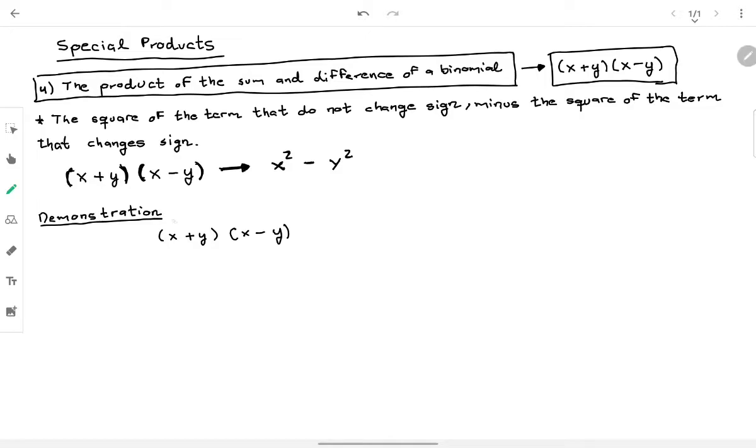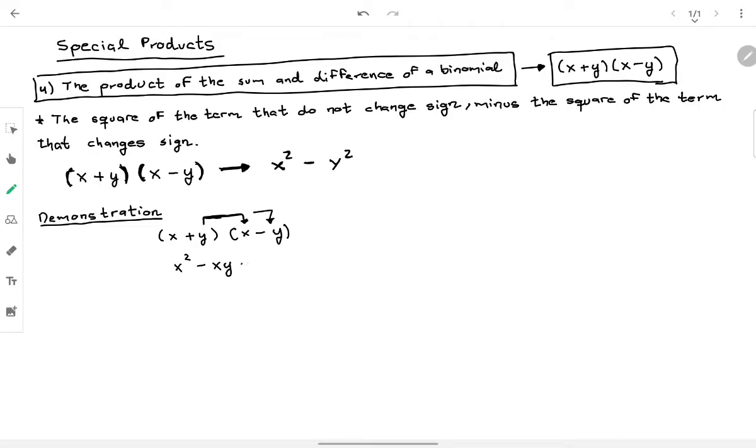Remember, when we have two polynomials, we need to multiply all the terms, all the combinations. The first term multiplied by the two terms in the second parenthesis. So it will be x squared minus xy. Then it will be multiplying the second term by each term in the second parenthesis.